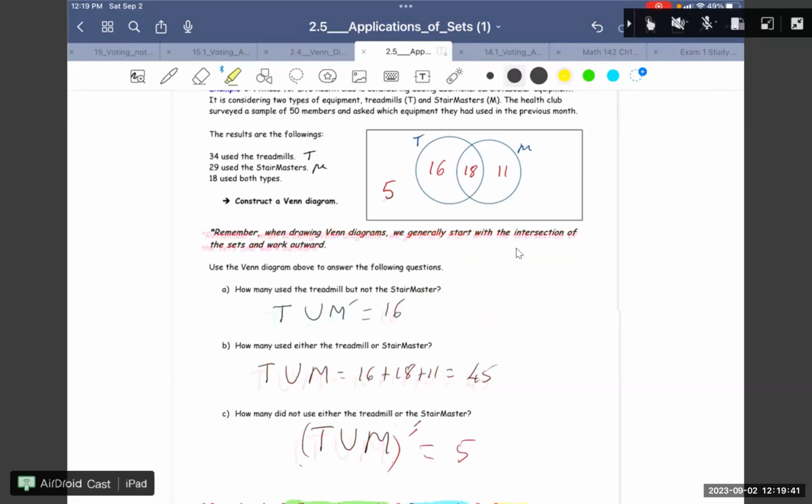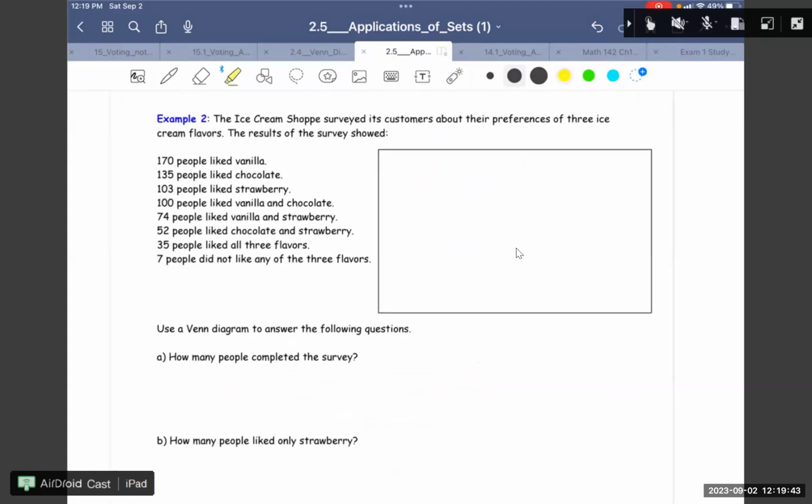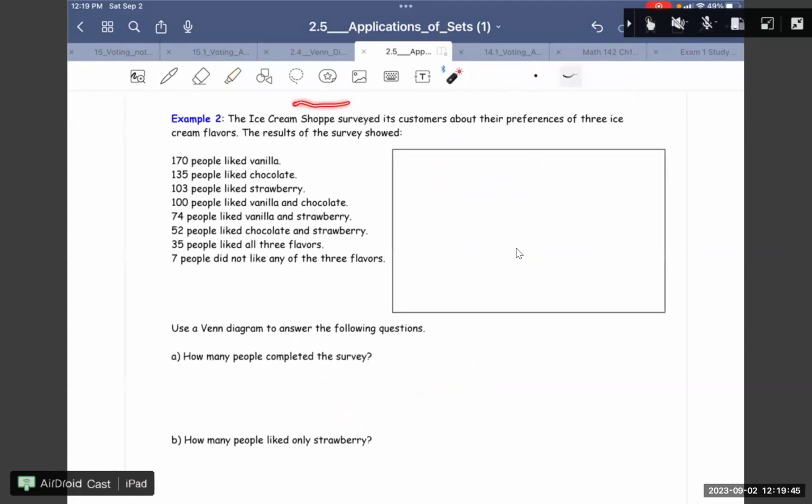So we go with the second example. An ice cream shop surveys customers about their preference among three ice cream flavors. The result is shown right here. They have vanilla, chocolate, and strawberry.